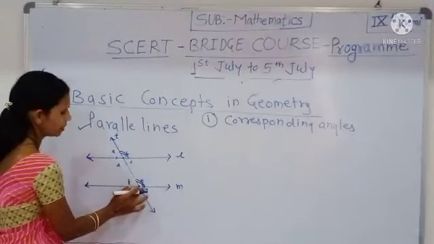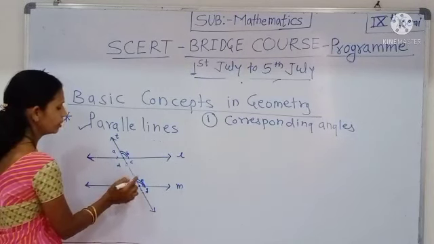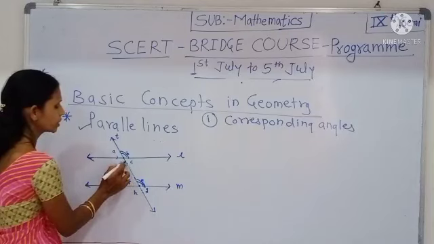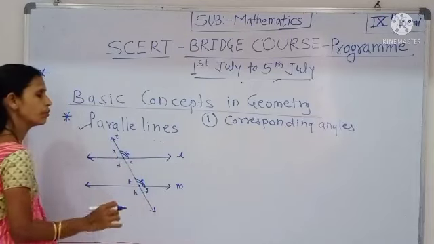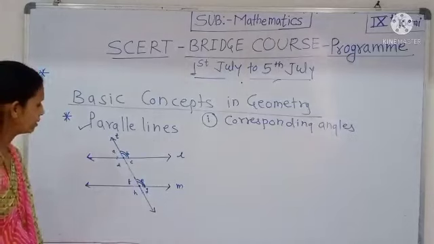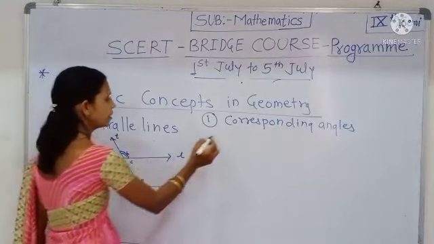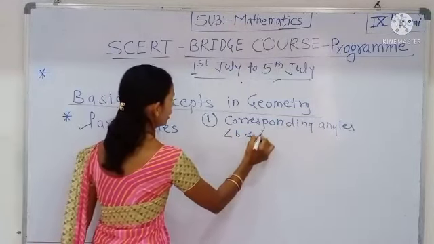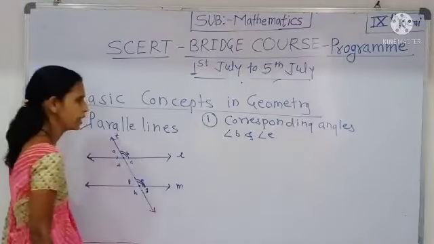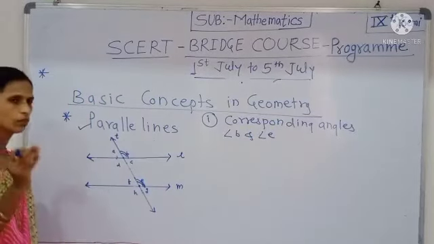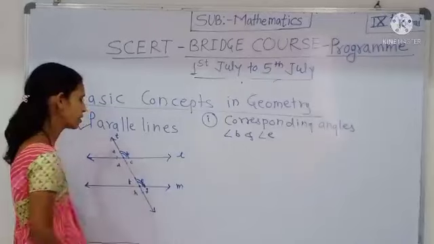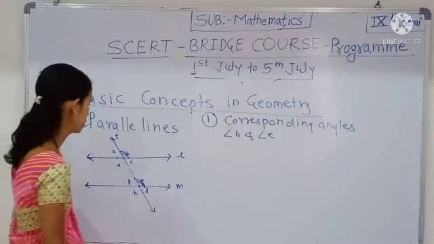These angle pairs are formed because of the transversal intersecting parallel or non-parallel lines. There are 3 more corresponding angle pairs. You have to find them out.